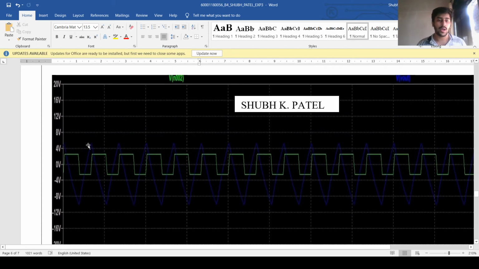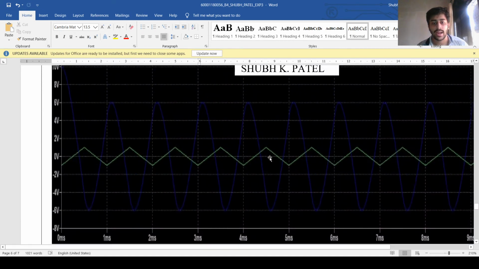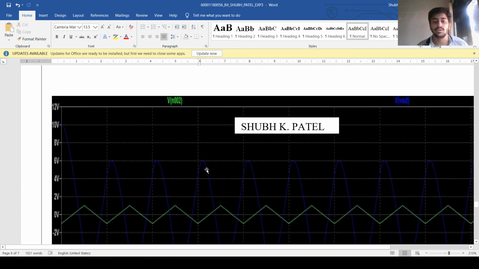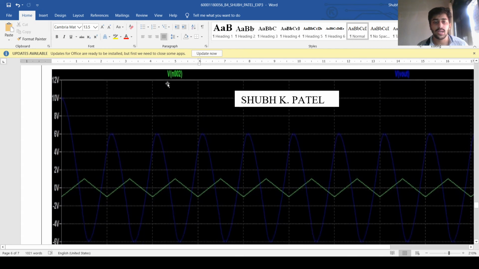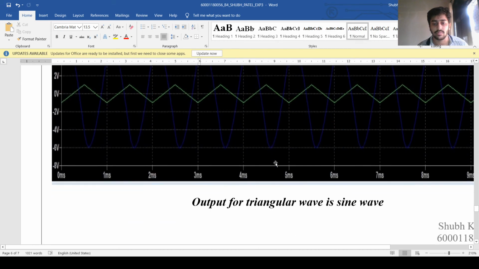When we applied a square wave as the input, this integrator produced a triangular wave at the output terminal. I have also done for the triangular wave as well. When I applied a triangular wave as the input signal, I got a sinusoidal wave as the output. This blue signal is the output signal, and this green signal is the input signal, which is triangular wave.